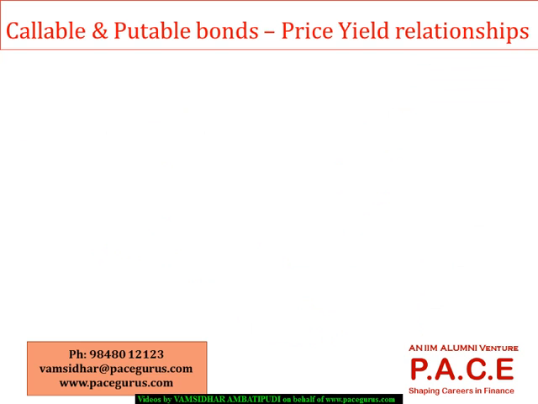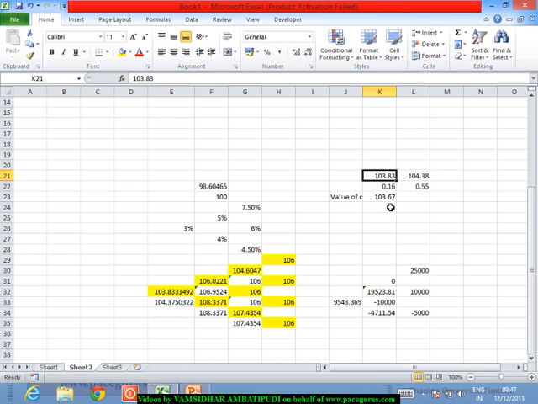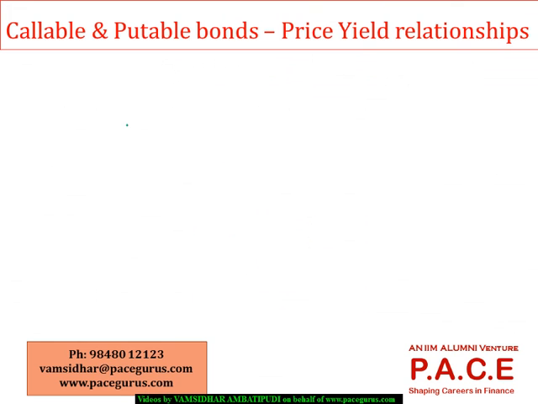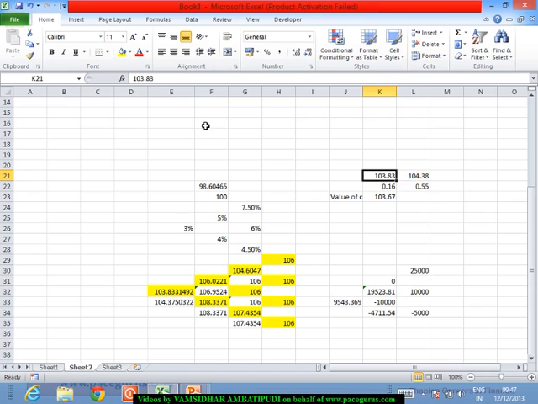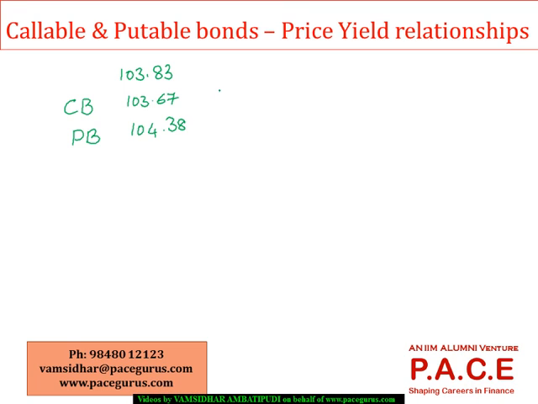Now, just using the numbers from our spreadsheet: the price of the option free bond was 103.83, whereas for the corresponding callable bond we got 103.67, and for the putable bond we got 104.38. So the price of the call option here is $0.16, whereas the put option is $0.55.